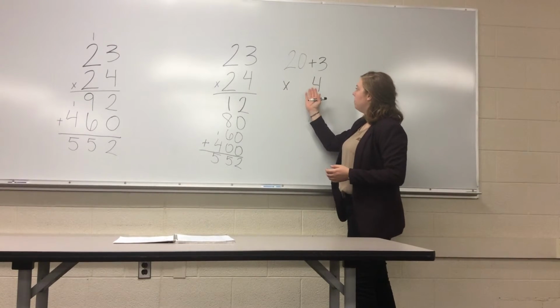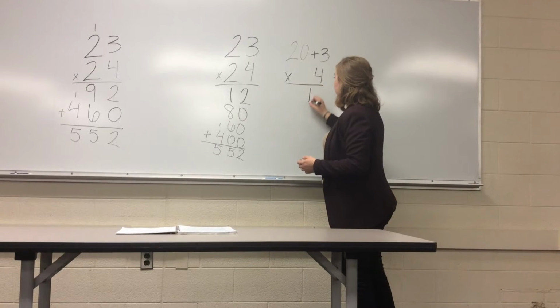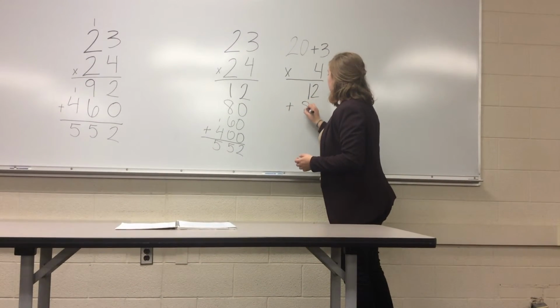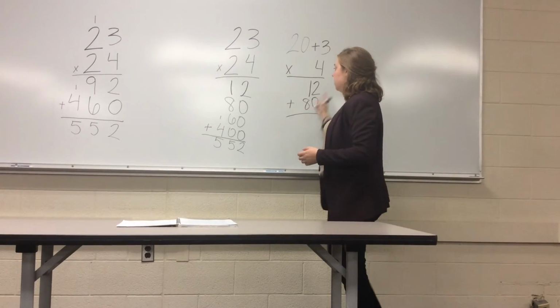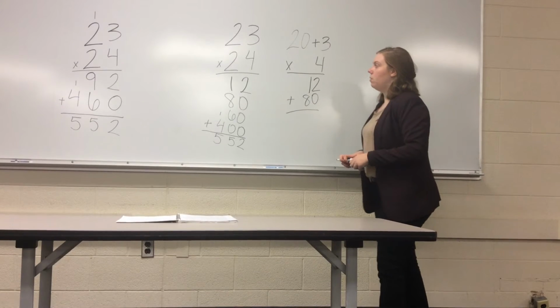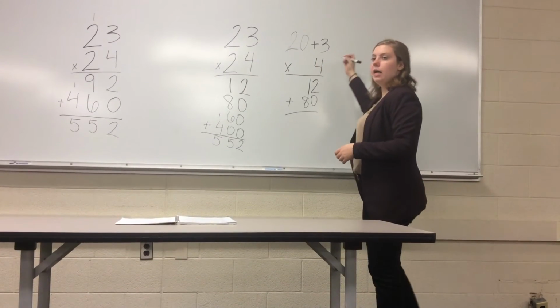So what we're going to have is 4 times 3, which is 12, plus 4 times 20, which is 80. So that's where we get these two numbers from. Then what we have next is our tens multiplication spot.